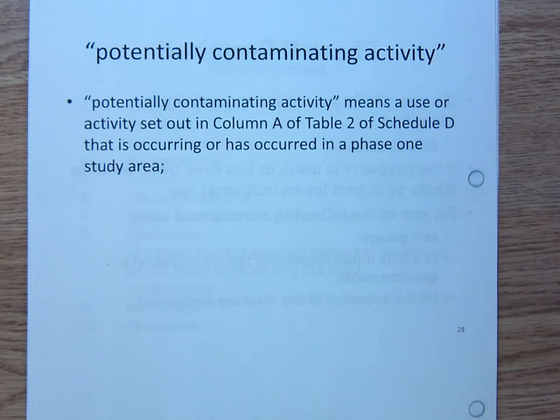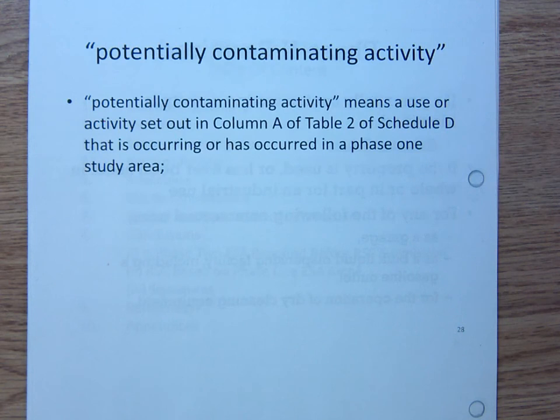So if any of the activities that you will see in the following pages is occurring or has occurred on the land, you will need to do a phase 2 environmental site assessment.